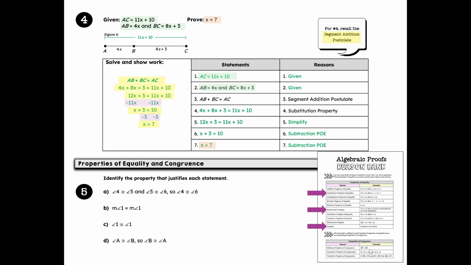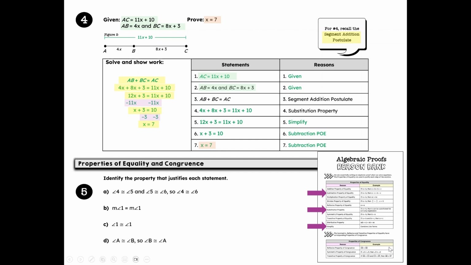The symmetric property of congruence down here states that if angle 2 is congruent to angle 3, then angle 3 is congruent to angle 2. So instead of an equal sign, I've got a congruent symbol, right? So I know that angle measures and segment lengths are equal, but segments and angles are congruent, right?